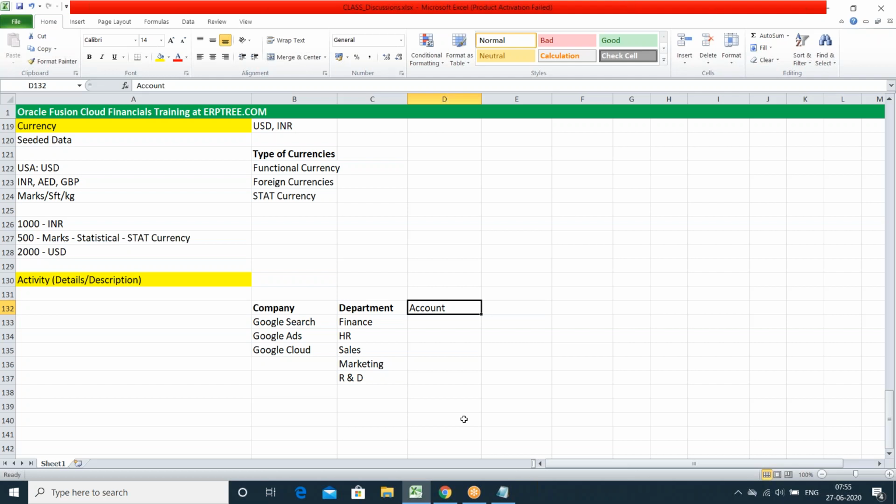What are the activities they are doing? For each activity, they have to maintain separate accounts. When I talk about accounts, they can have an account called salaries account. If they have 10 bank accounts, they can have cash accounts, a cash account, admin expense accounts, say laptop purchase.